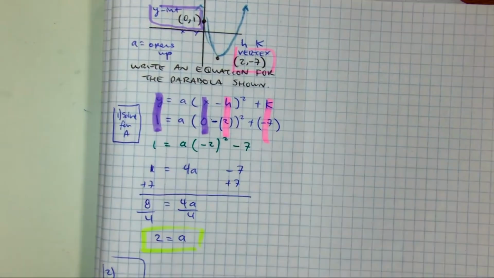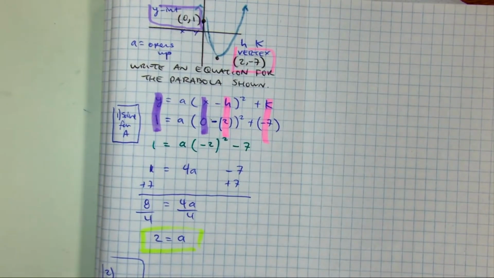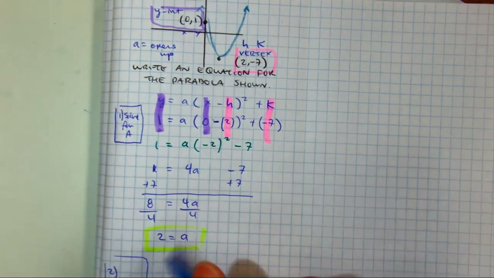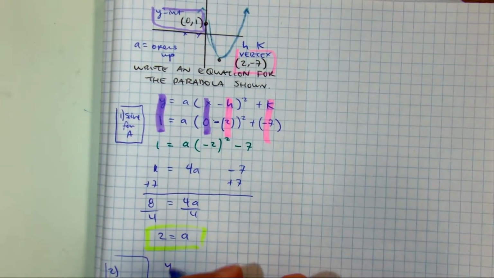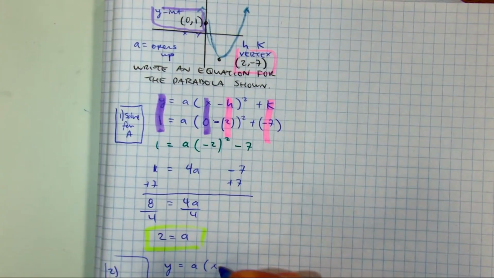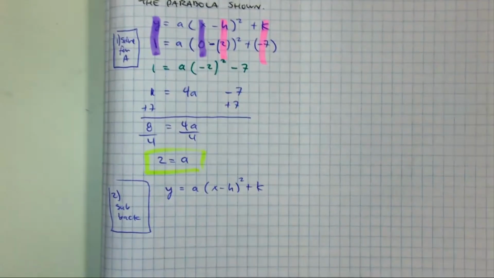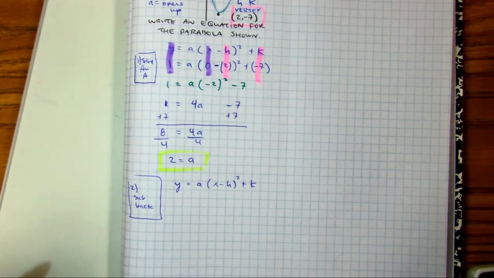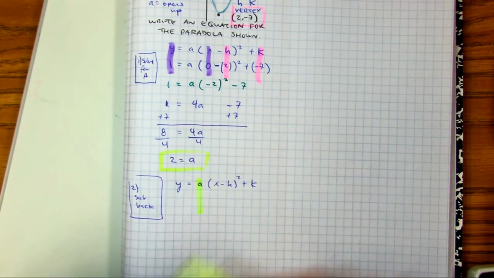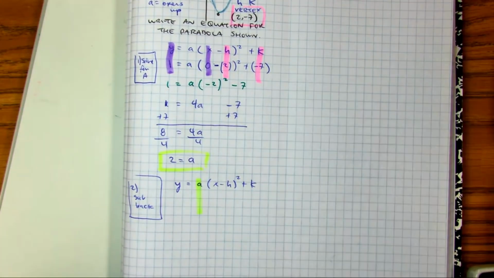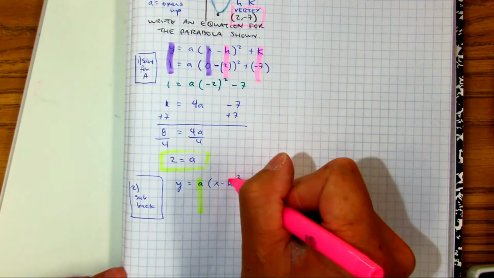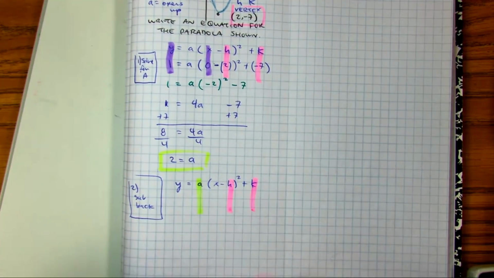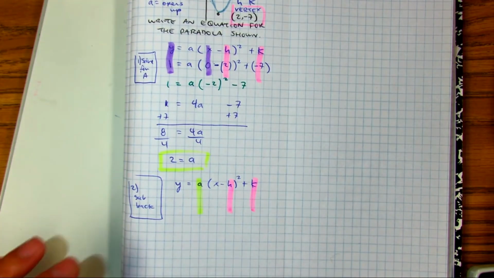Class, what colors do you think I'm going to use? Yellow and just the pink. If you need to, you can write down the formula again. Math is not mysterious. All you have to do is write down the formula and work with it. So I'm going to put in my yellow H and my K. The reason I'm not putting in my X and Y is that it leaves it open so that we can pick any ordered pair that will be on the parabola.